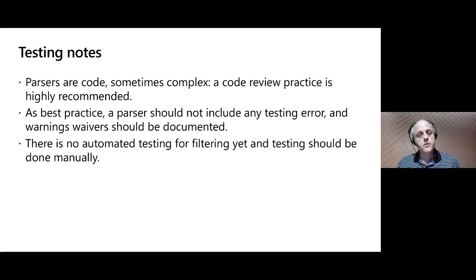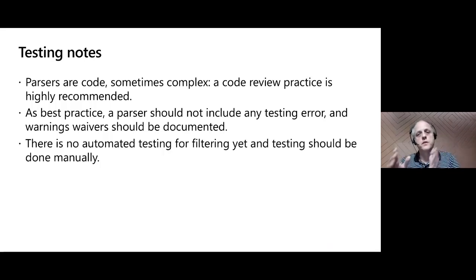Now, lastly, very importantly, we don't have automated testing for filters yet. So when you implement filter parameters, the parser should be able to enable the user to filter only a specific IP address. Those are very important. We make mistakes there. Manual testing is needed.